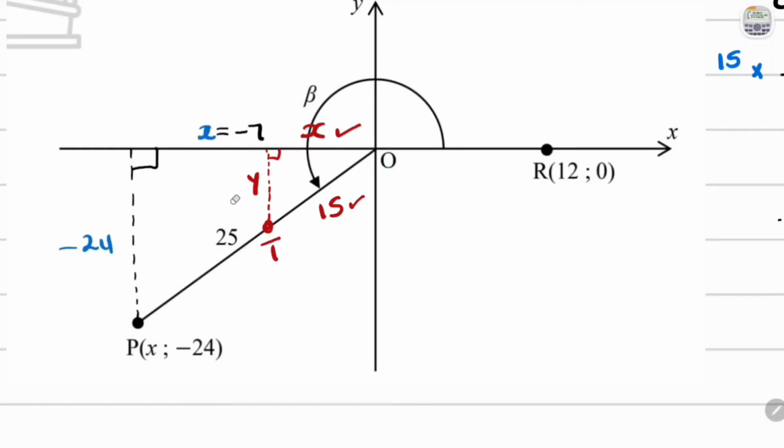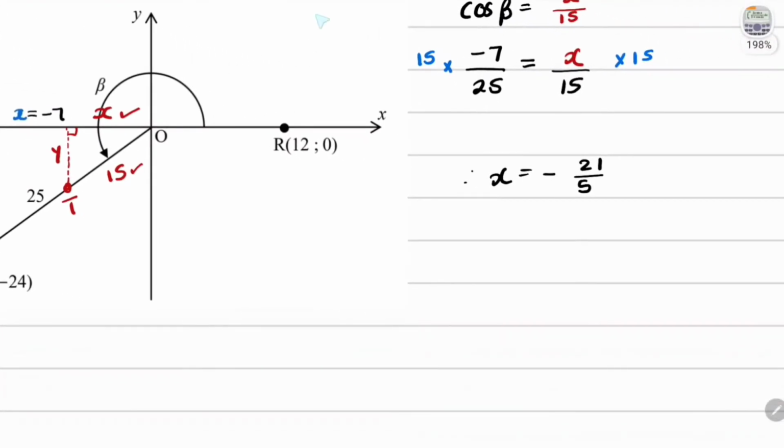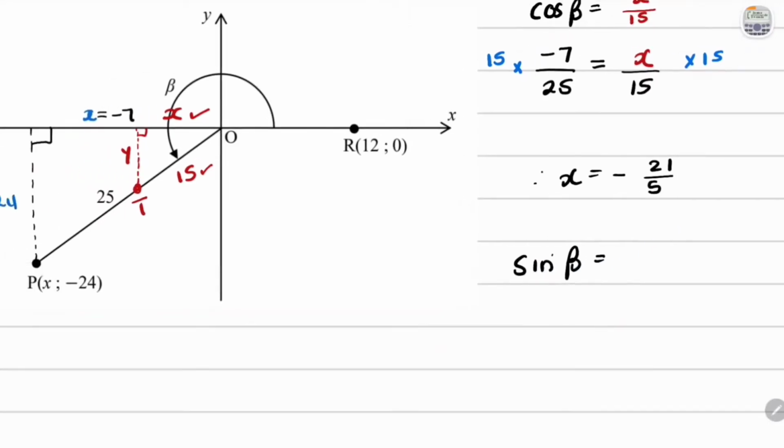So I'm going to use the y and the 15, that's the opposite and the hypotenuse. Opposite over hypotenuse is the function for sine. So this time we're going to use sine. Sine of beta is equal to the opposite, which is y, over the hypotenuse, which is 15.